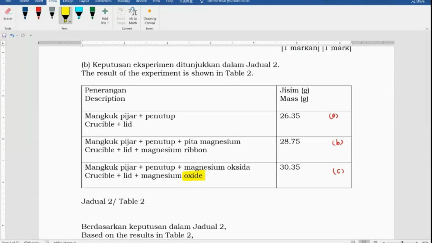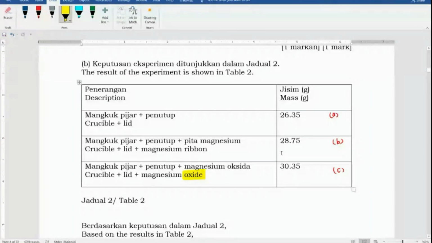Okay, so C minus B, actually we can get the oxygen.